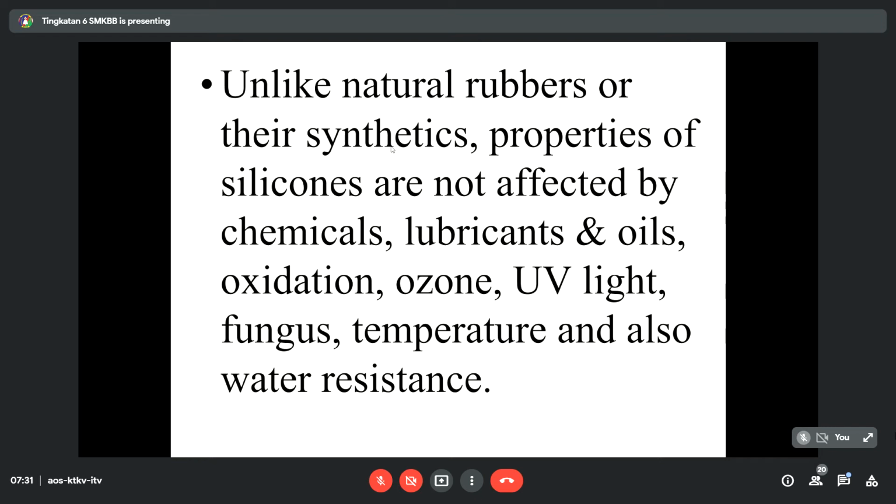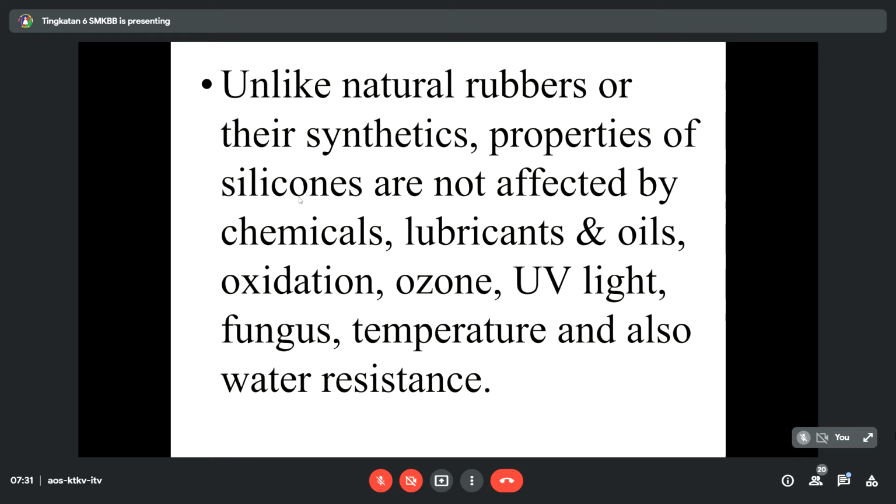Okay, so that's the weakness of rubber. But silicone, no such problem. That's why sometimes silicone is, should we say, safer to use, or lasts longer.